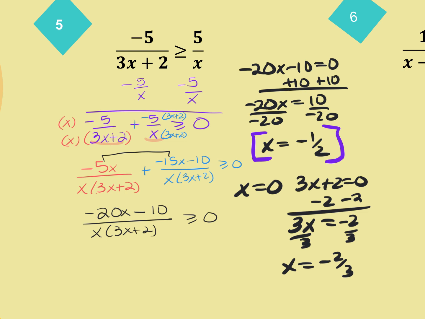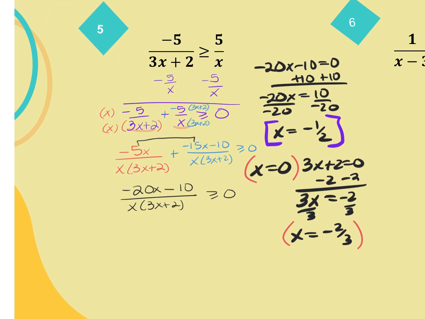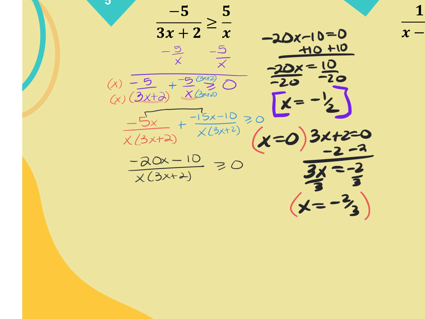So I have x equals 0 and x equals negative 2/3. So now let me go ahead and put this on my number line. Now notice 0 is one of my answers, so I cannot use that as a test point. So negative 2/3, then the negative 1/2, then the 0.